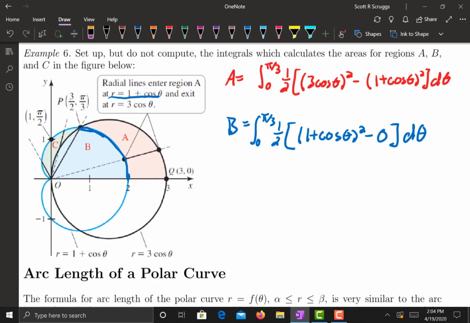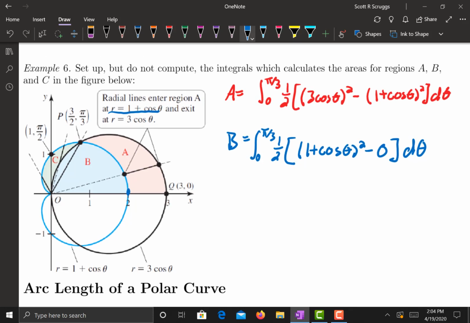But in the region B, after I hit pi over 3, now I have a circle, 3 times cosine of theta, coming along and playing a part of it. And in that region that I shaded in pink, the circle is greater.